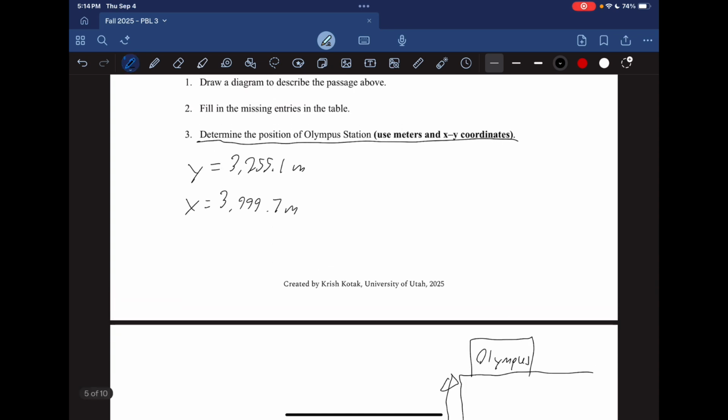So you could say the position for Olympus station is going to be X, which is 3,999.7 meters, and then Y, which is 3,255.1 meters. And that's it for that problem.